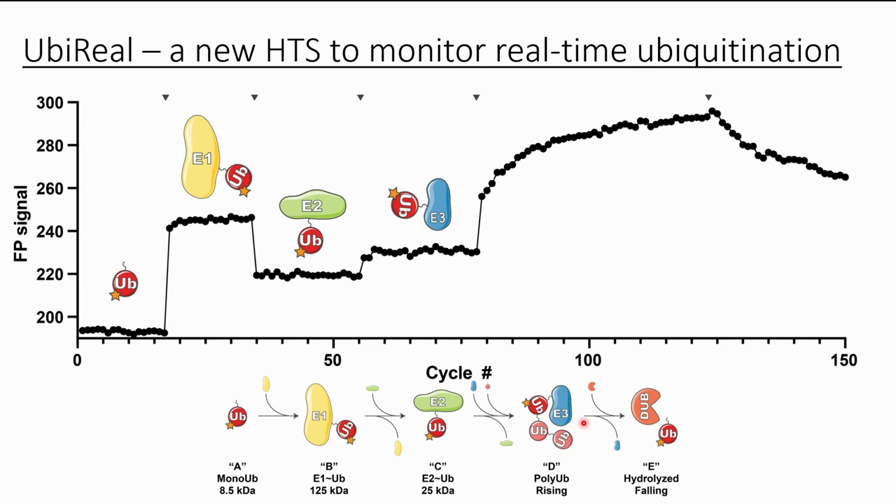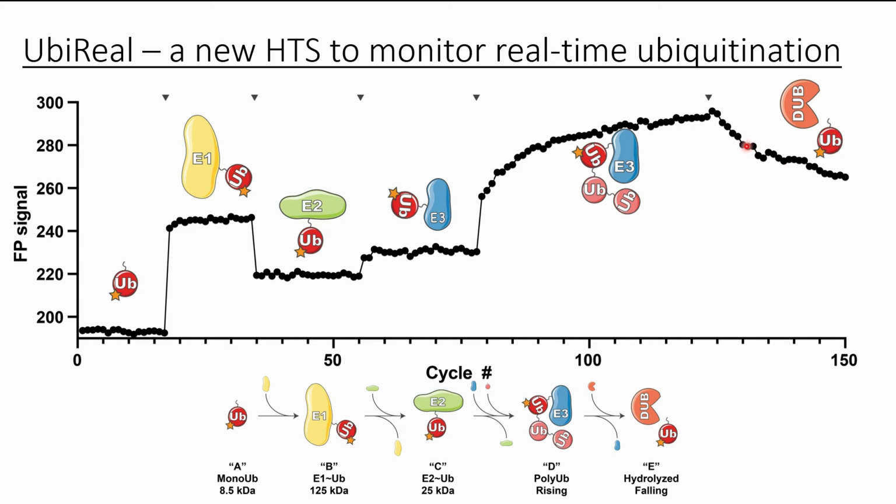Next, we can spike in our E3, and we get an appreciable increase in FP signal over here, and this will obviously change depending on the size of your E3 that you use. But then one cool thing that we found out is by simply spiking in some unlabeled ubiquitin and generating much larger ubiquitin chain species on the E3, we can get an increase in signal over time as longer chains are built, and you get a slower tumbling complex over here.